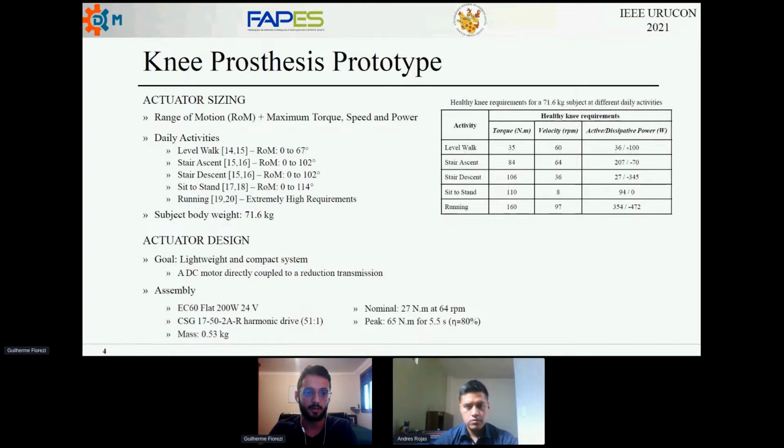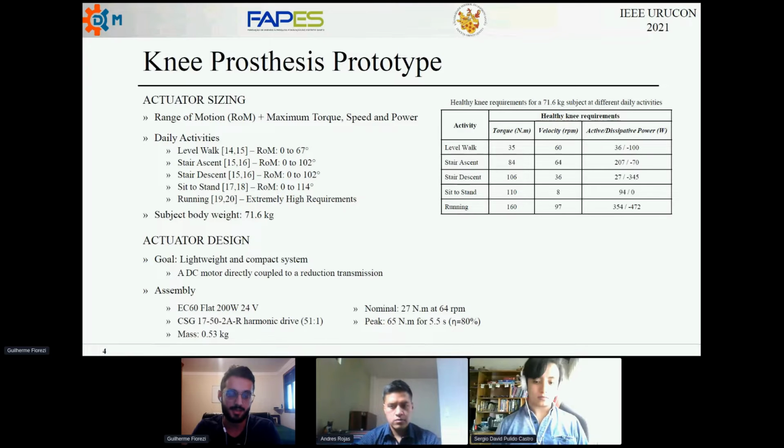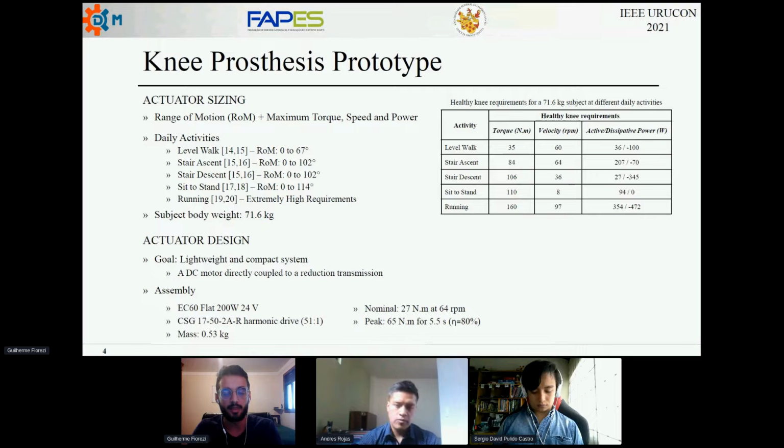So talking about the sizing of this actuator, for the basic design of the actuator and its structure, the knee range of motion and the maximum values of torque, speed, and power in the various daily activities were taken into account. In this table on the right, as you can see, we have these requirements.